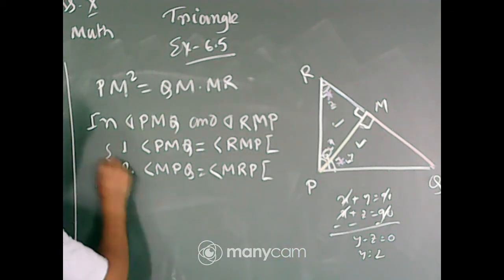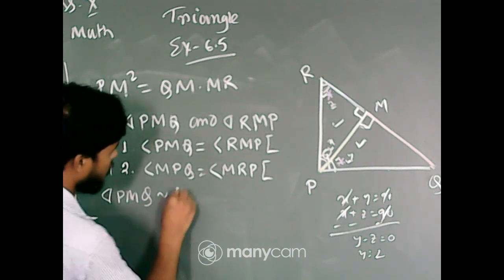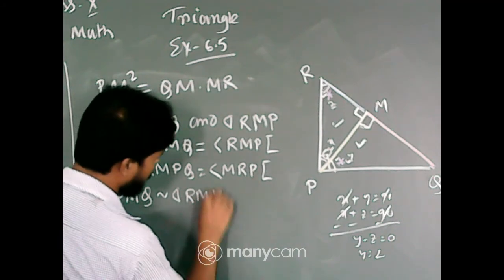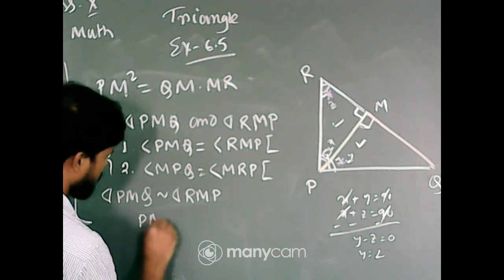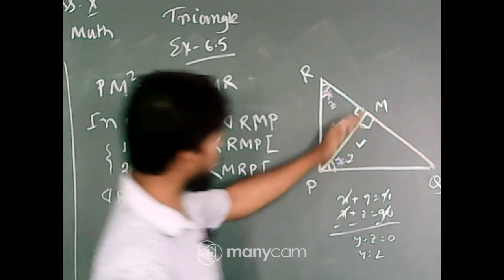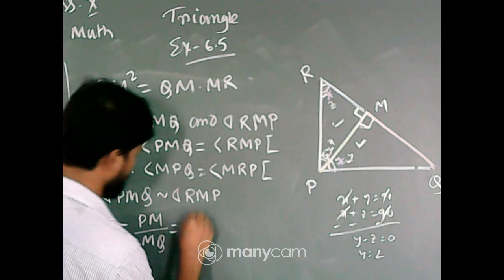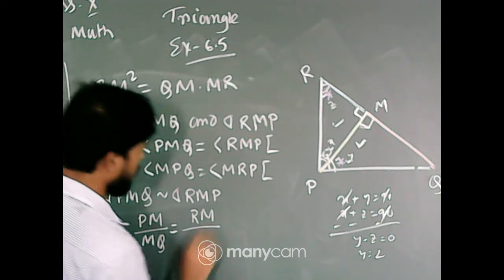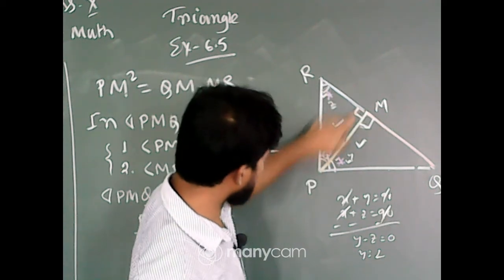Okay, so under these two conditions we can say that triangle PMQ is similar to triangle RMP. Whenever they are similar, we know that the corresponding sides are in the same ratio. So we take PM by MQ is equal to, now PM means opposite of this angle, so that is equal to RM by MQ... this is PM.